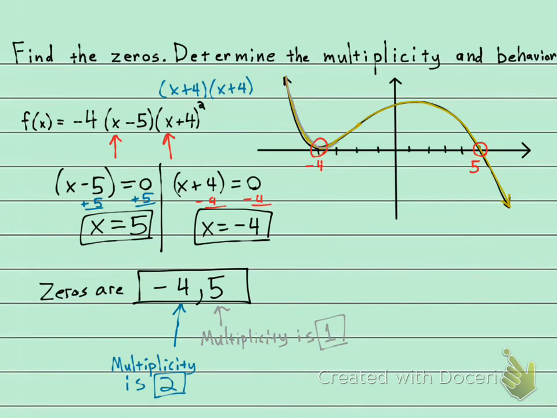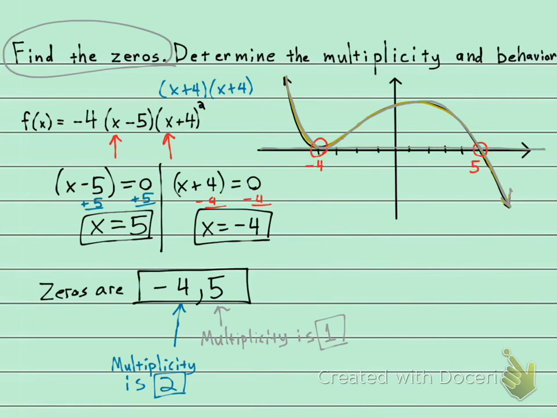It touches and turns around. And if you have a multiplicity that is odd, 1, 3, 5, 7, 9, then that is going to actually cross through the x-axis.